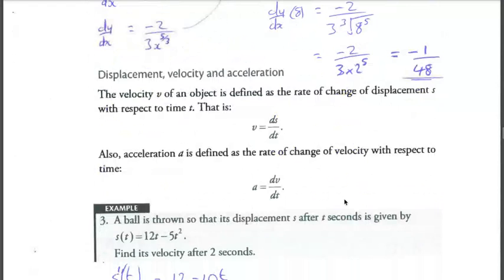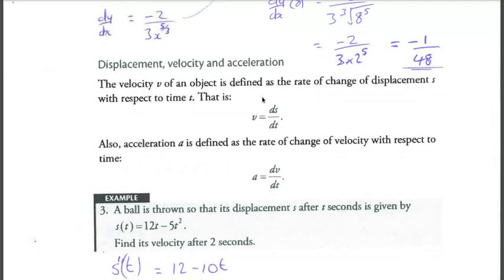So, adding a bit of context: displacement, velocity, and acceleration. The velocity v of an object is defined as the rate of change of displacement s with respect to time t. So basically, if we want to find velocity, we need to differentiate displacement.